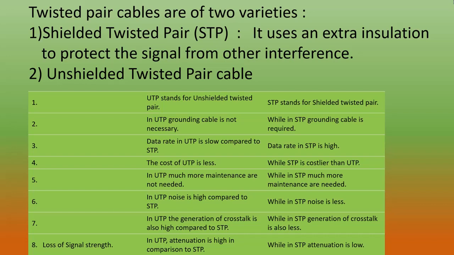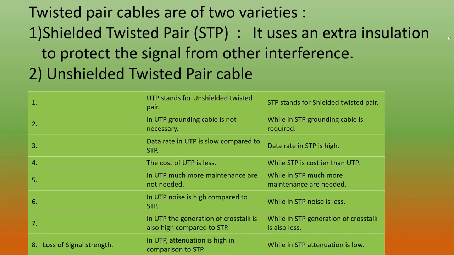In UTP, noise is high compared to STP, which has less noise. In UTP, the generation of crosstalk is also high compared to STP. The last point, in UTP, attenuation is high in comparison with STP.